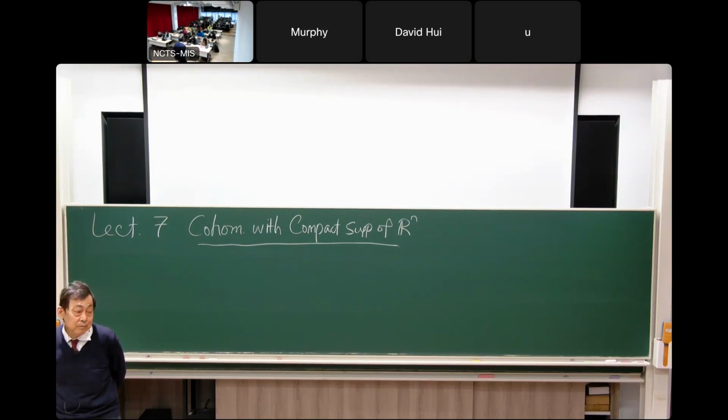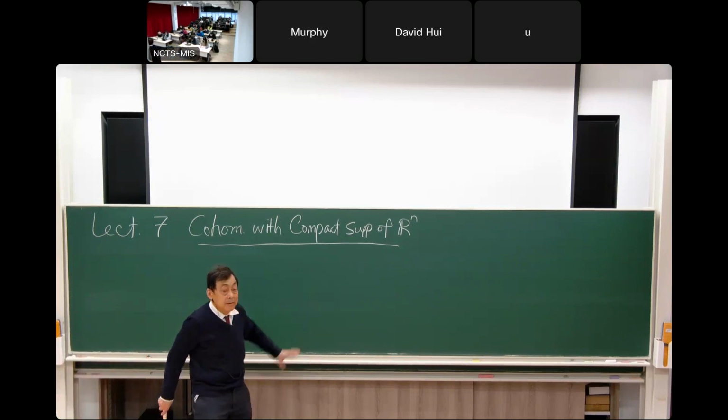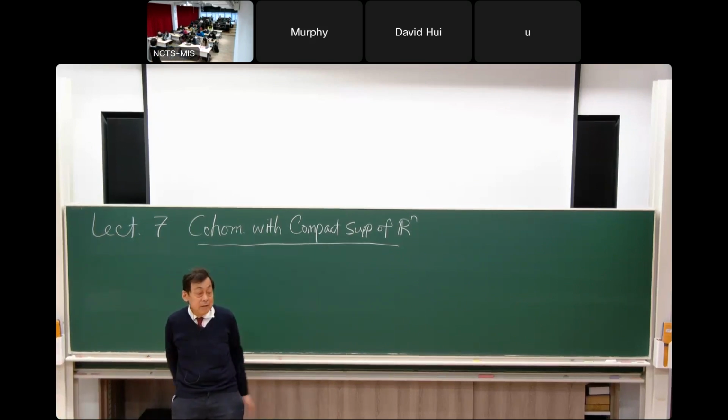So for example, we calculated the cohomology with compact support of R, and it's not the same as the cohomology with compact support of a point. So to calculate the cohomology with compact support of Rn, we need a different method from last time.